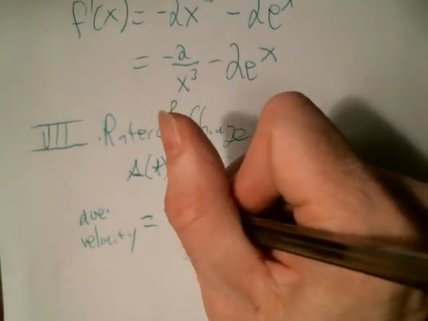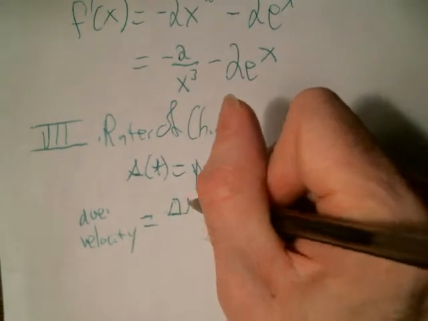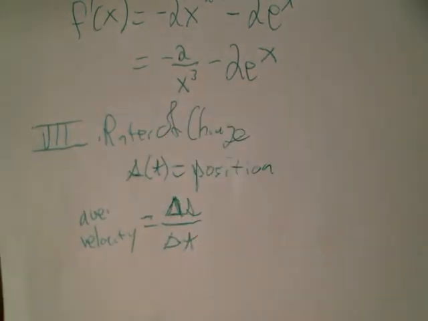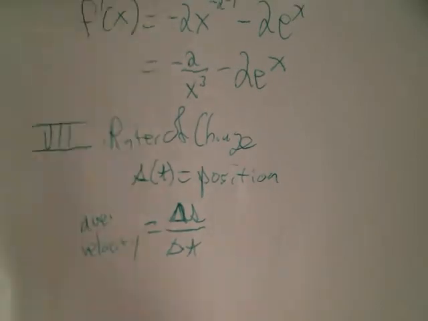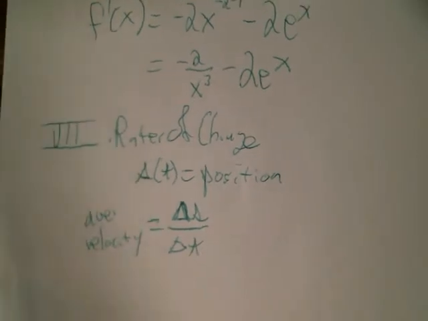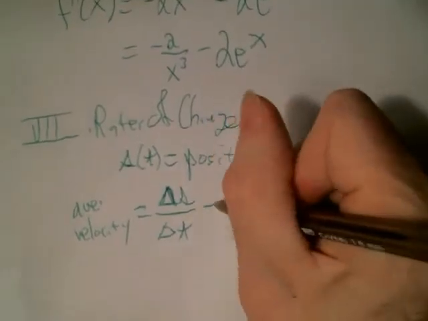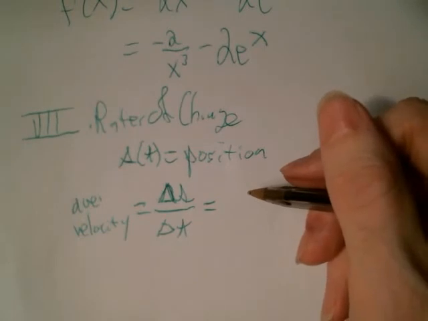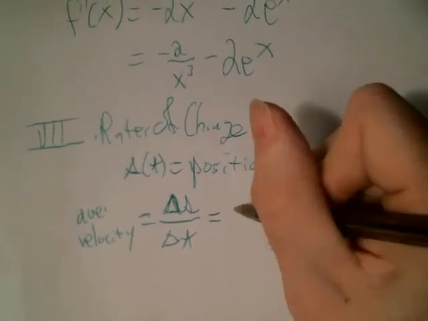So here we have, how can I write this? Well, change in s, change in position, all over change in time is one way to write it. We can write this using our, it's basically the secant line formula again.